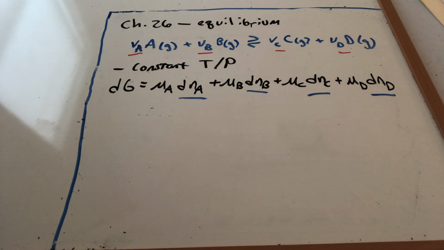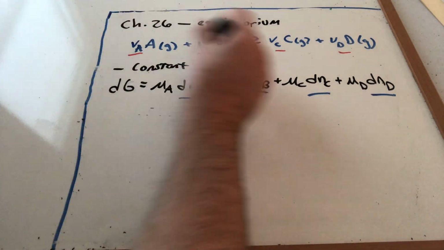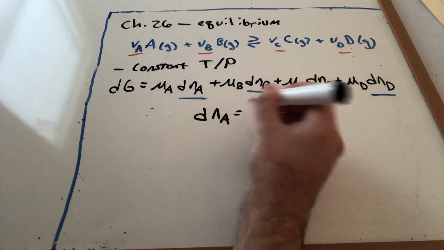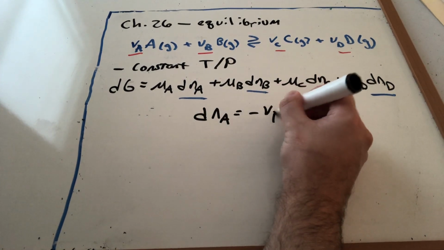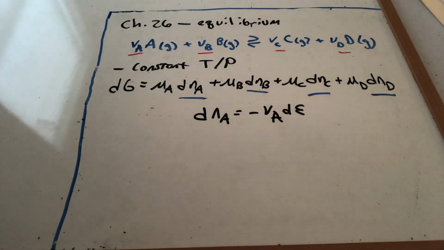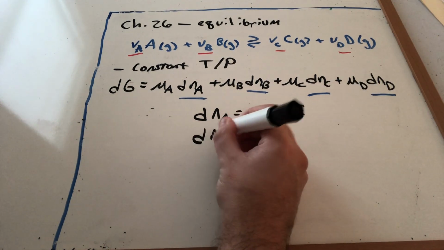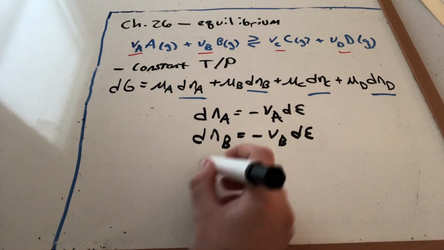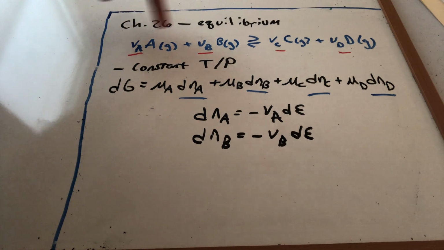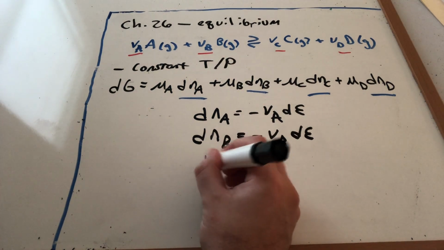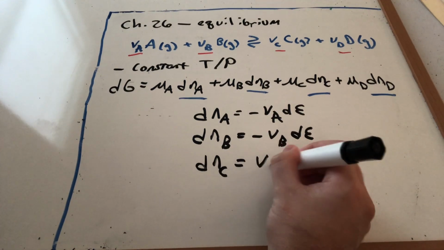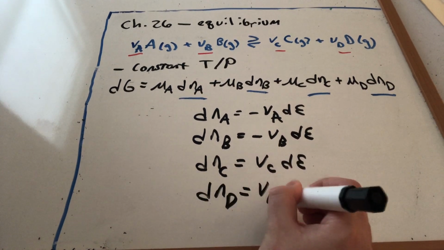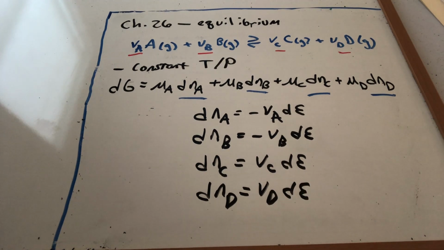So in the context of extent of reaction, and remember we're generally going to the product side, we know that dnA is going to be minus vA d epsilon, and dnB is going to be minus vB d epsilon, because we're going to that side, so we're going to lose these reactants. dnC is going to be vC d epsilon, and dnD is going to be vD d epsilon.